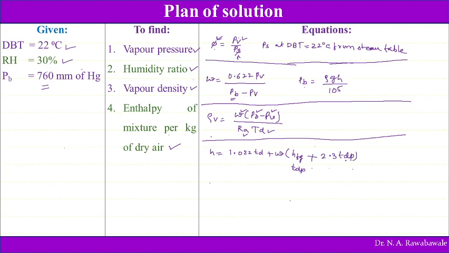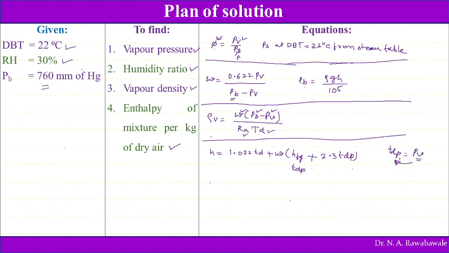So here dew point temperature we must find out. So dew point temperature is taken at PV; from dew point temperature we can find out PV, or if we know PV we can find out dew point temperature from steam table.